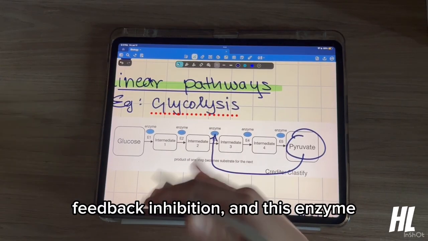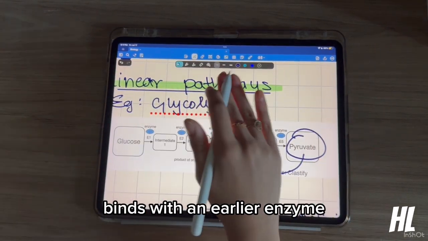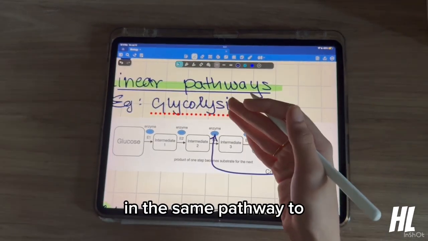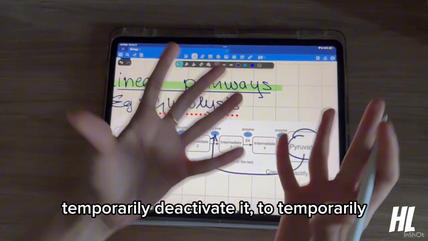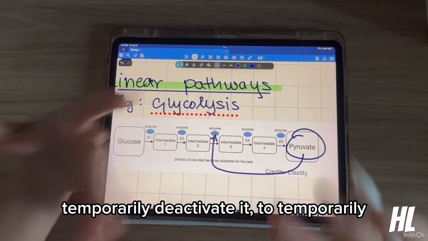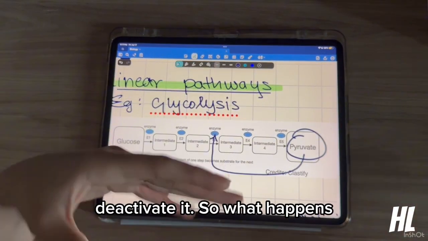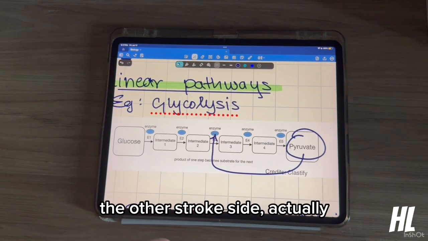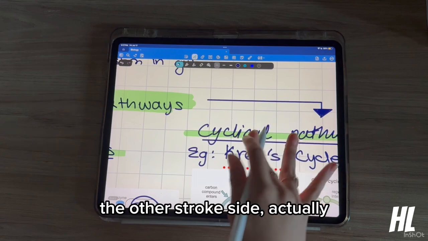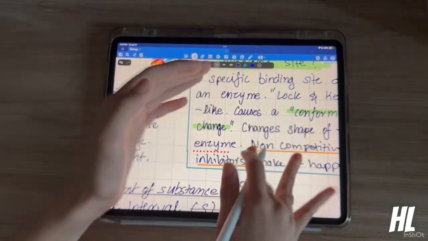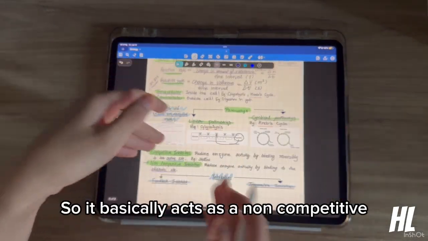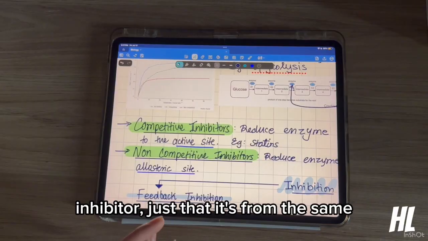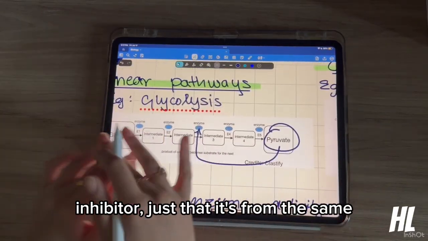And it binds with an earlier enzyme in the same pathway to temporarily deactivate it. So what happens is that it binds to the allosteric site. So it basically acts as a non-competitive inhibitor, just that it's from the same pathway.